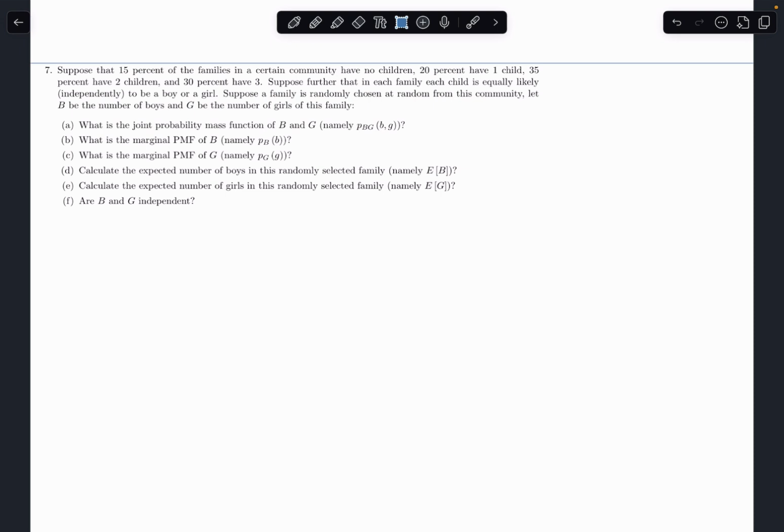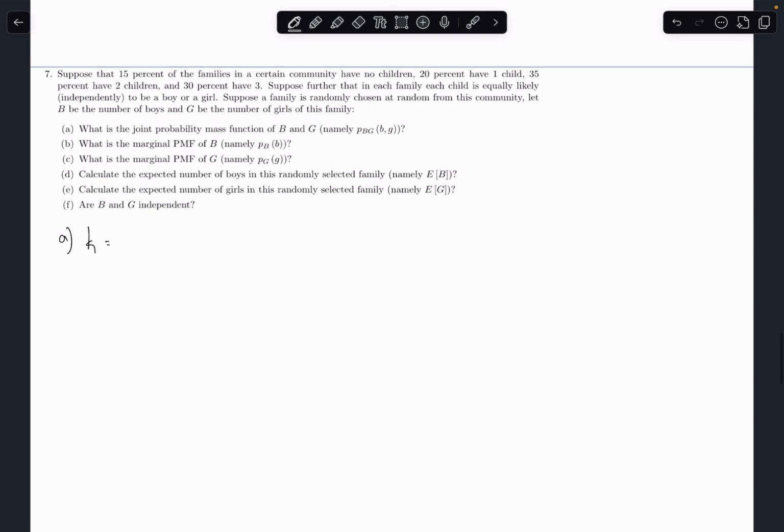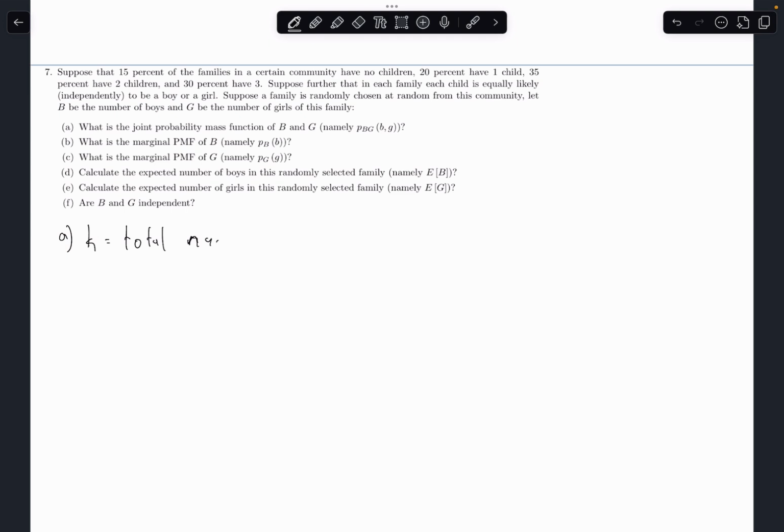To find the joint probability, we need to do two things. Let K be the total number of children.